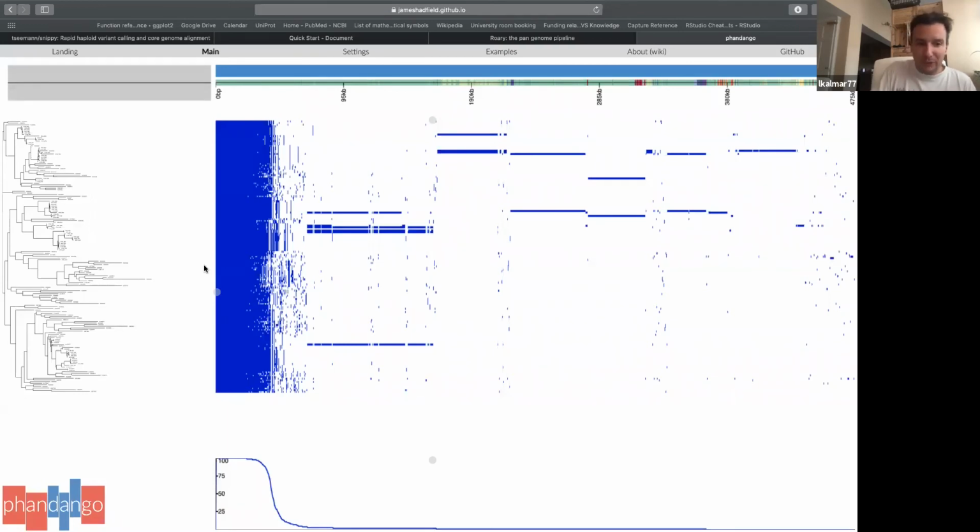So if, for example, you are finding some interesting phenotype in this branch, then you can try to find those genes that are only present, or at least present at a much higher frequency, within this branch. I think it's also possible somehow to find, yeah.